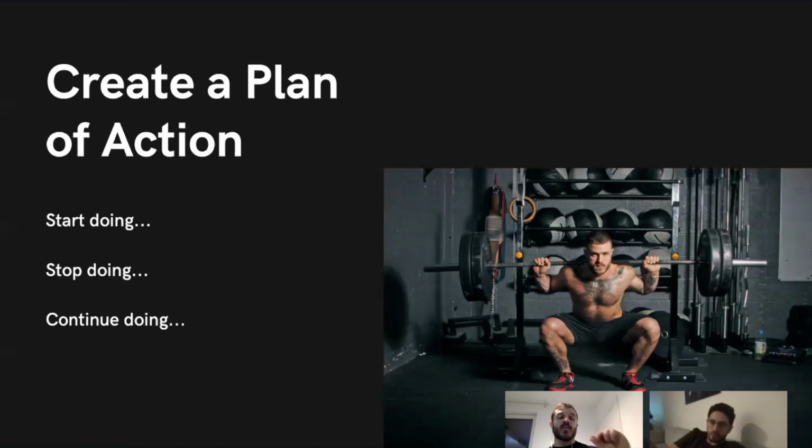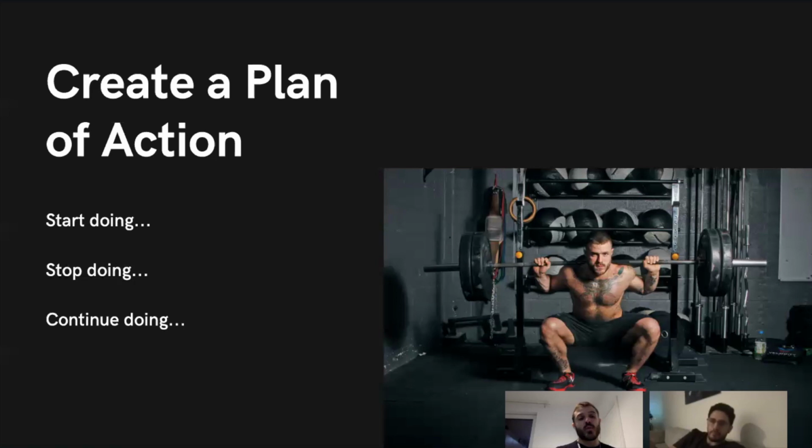I want to write down at least one thing that I'm going to start doing. So something that I'm not currently doing, that I want to start doing, that is going to help my goal. Then I want to stop doing something that is going against my goal, and I want to continue doing something that is helping my goal.